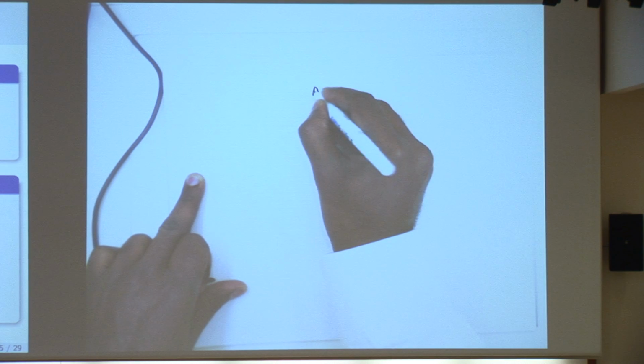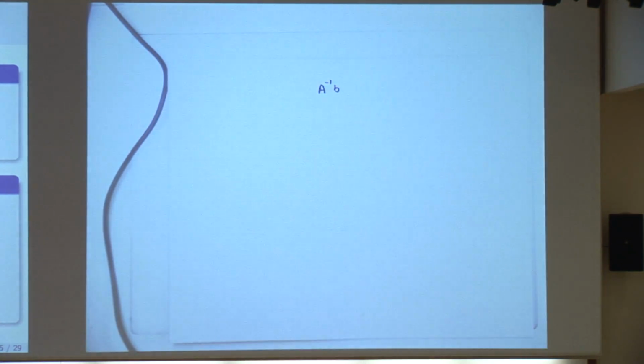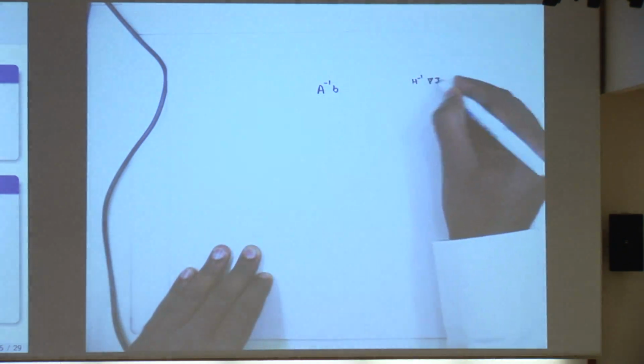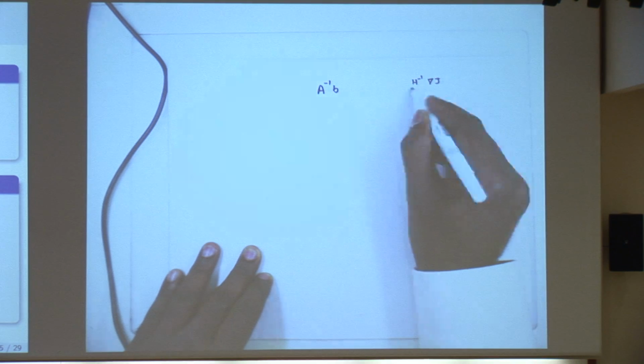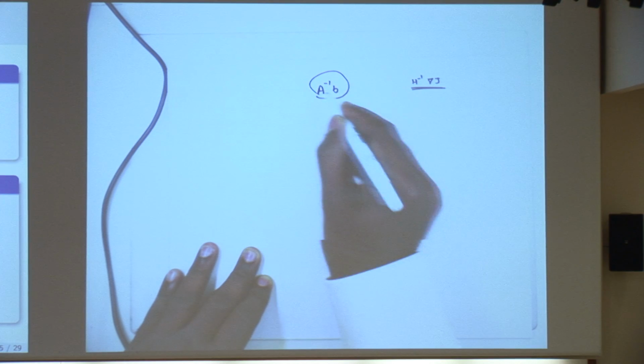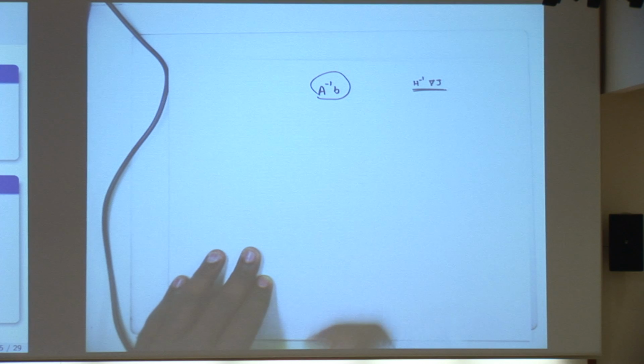If you have a matrix A, one of the main reasons you would want to compute the inverse of the matrix is because you want to do something like A inverse times B. Like in this case you have the Hessian inverse times the gradient, right. So this is what you want to do. Every time you have a matrix A, you want to invert it and multiply it with a vector like this. There are two ways to do it.